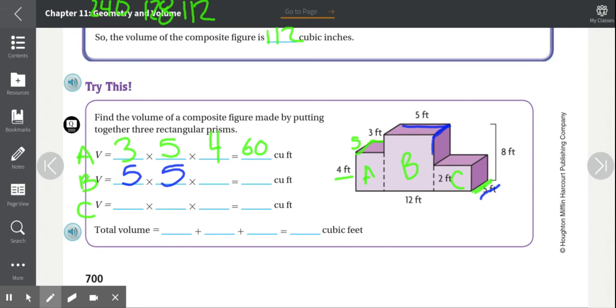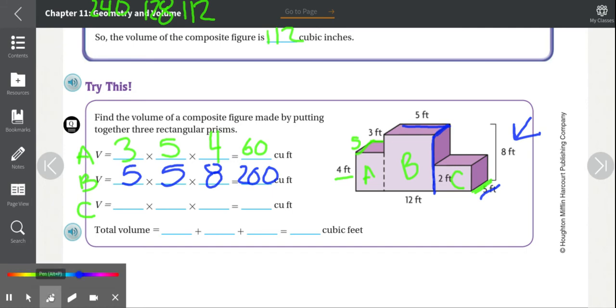The height is right here. It's the tallest point in this composite shape. Even though it doesn't say it right next to it, we do have this very handy number over here showing us that the tallest point of this figure is 8 feet. So for rectangular prism B, we would multiply 5 times 5 times 8, and we would get 200 cubic feet.